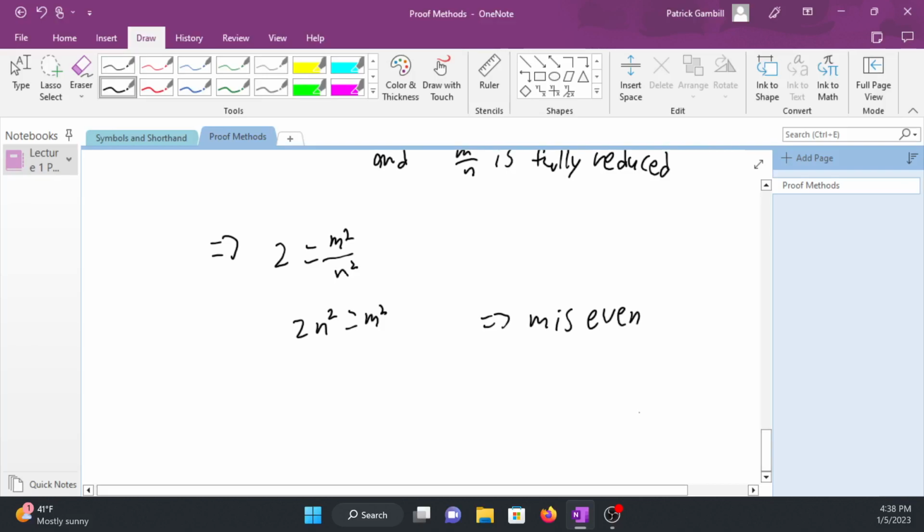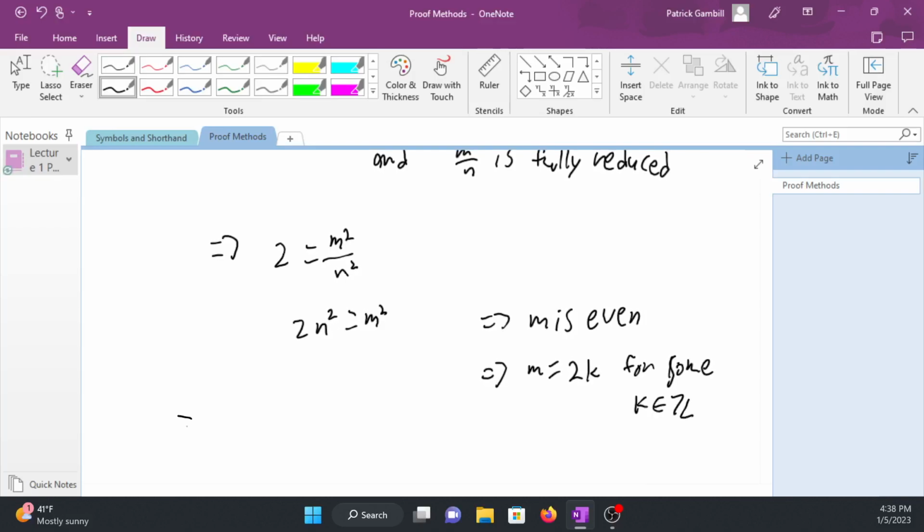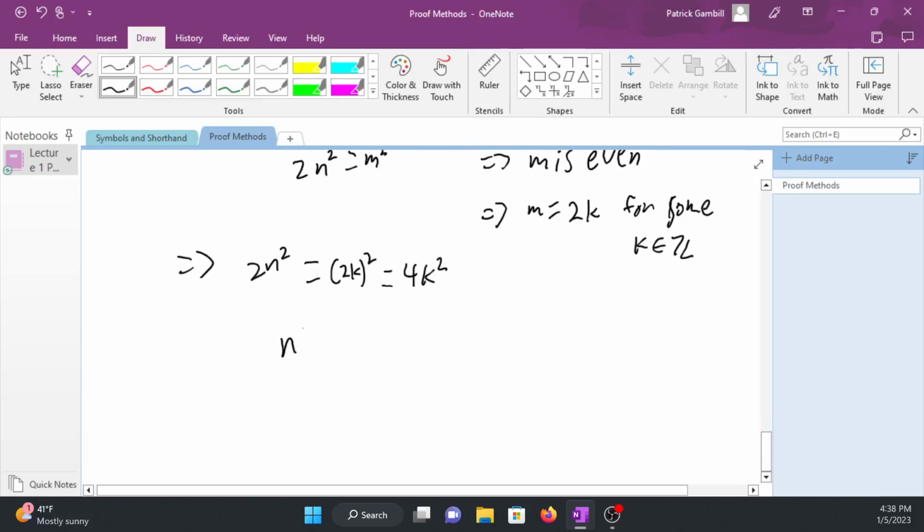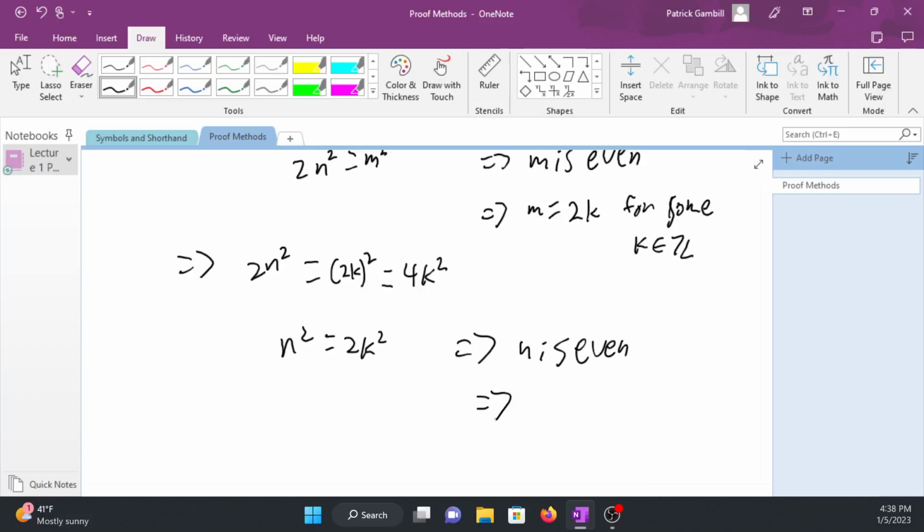So now what can we do? We can say this implies m is equal to 2k for some other integer k. And we can rewrite this equation now as 2n squared equals (2k) squared, which gives us 4k squared here on the right-hand side. And if we were to divide both sides by 2, we now see n squared equals 2k squared, which also implies that n is even, which implies n equals 2, we'll use a different letter.